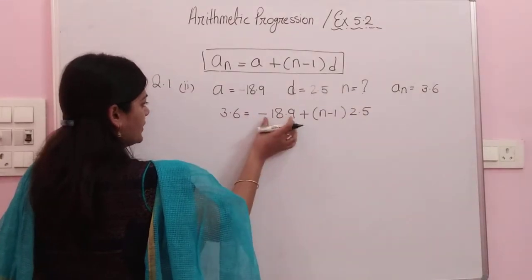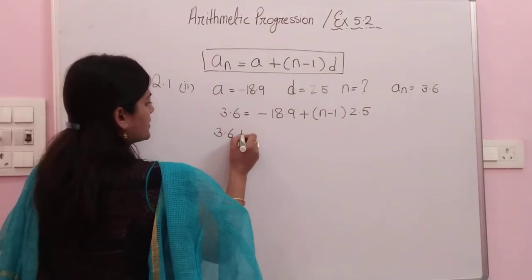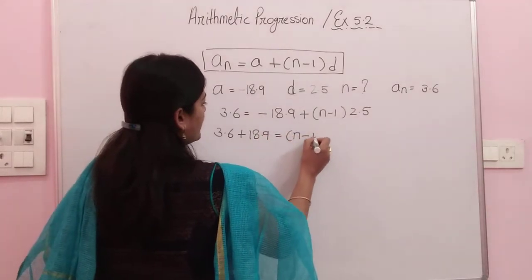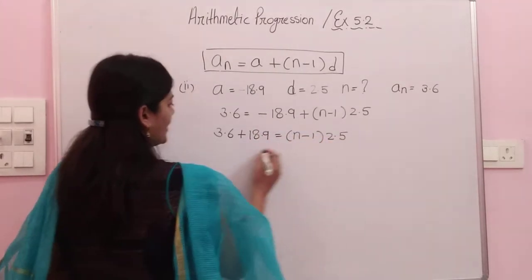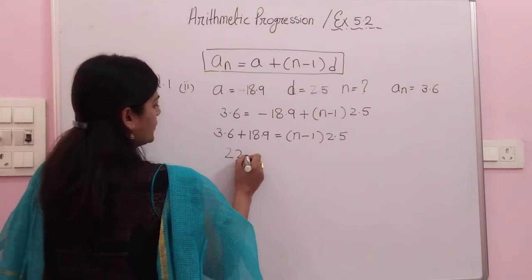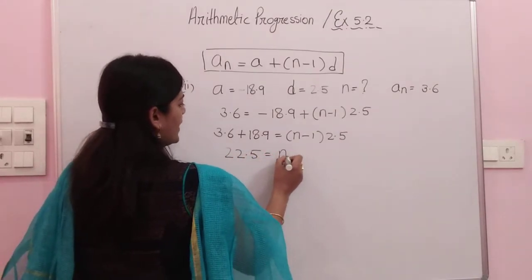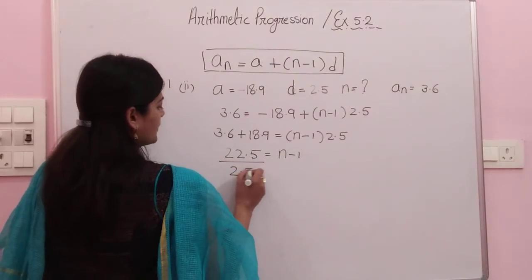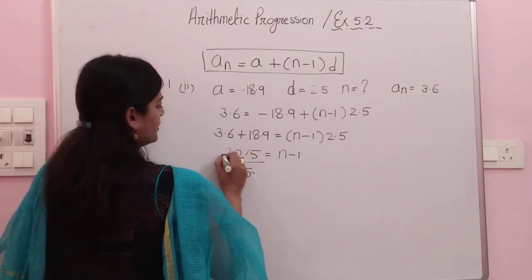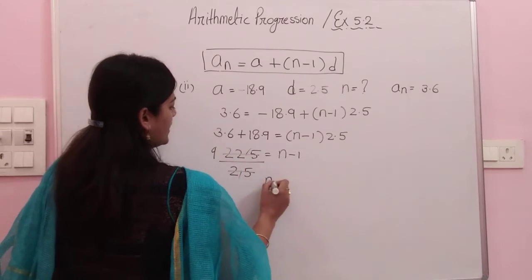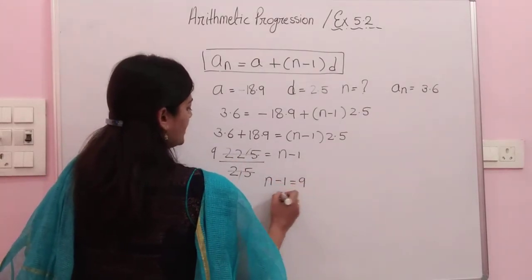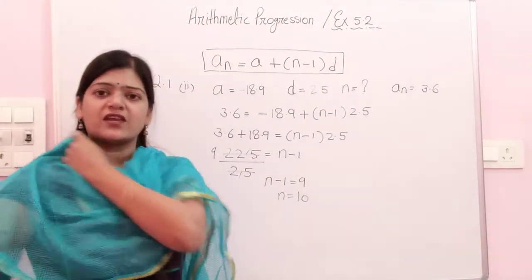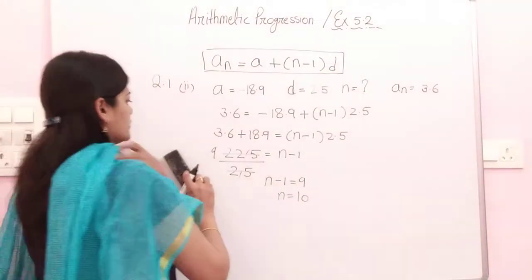Transpose this value from here to here. 3.6 plus 18.9 is equal to N minus 1 times 2.5. It will become 22.5 is equal to N minus 1 times 2.5. Transpose here, cancel point from point. N minus 1 is equal to 9. Then what is the value of N? 10. Okay. In this way you can find all your values.